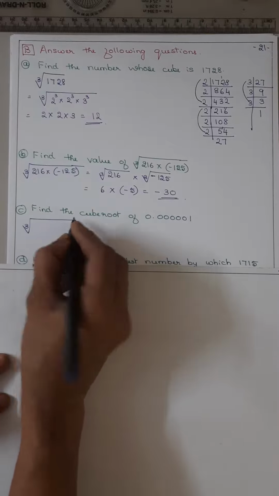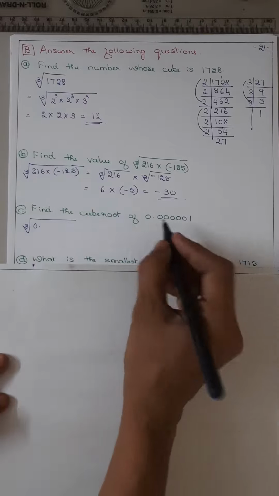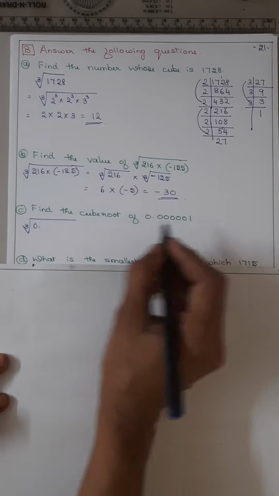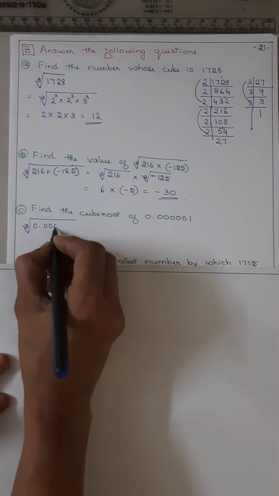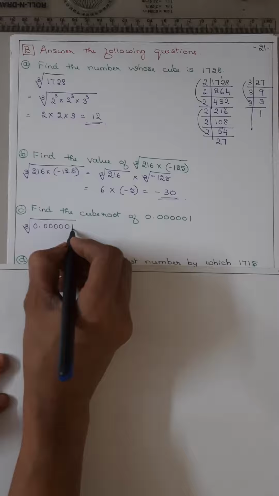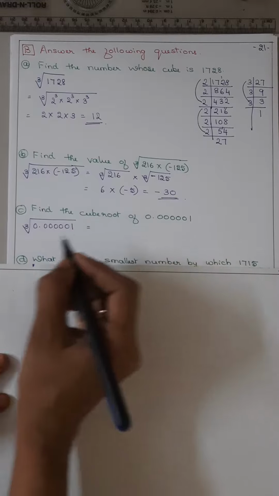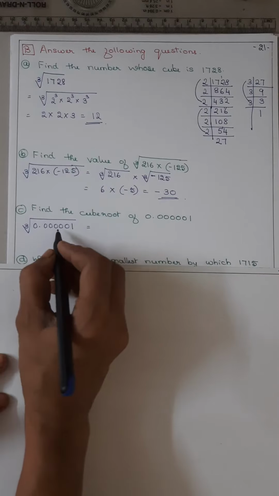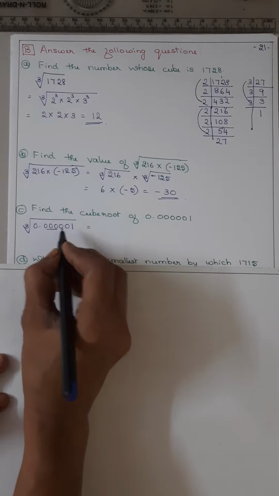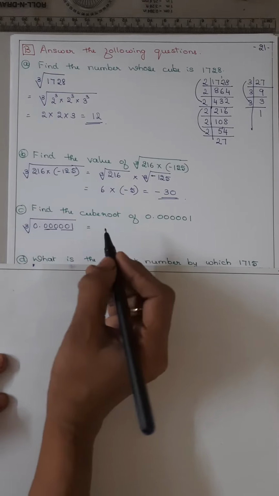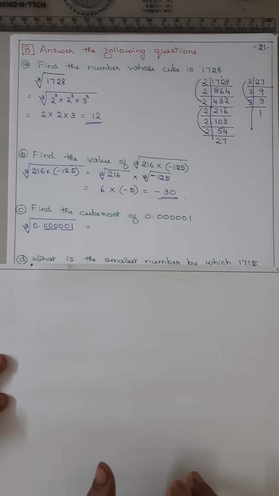Cube root of 0.12345... 1, 2, 3, 4, 5 and 1. It is a 3-digit number, isn't it? You have to group in 3s.